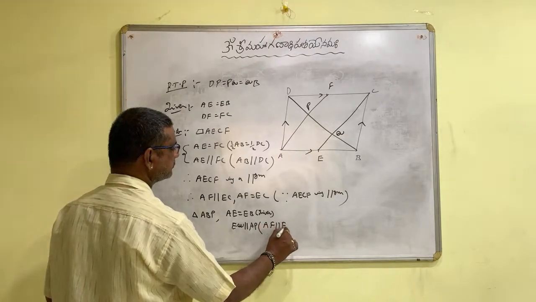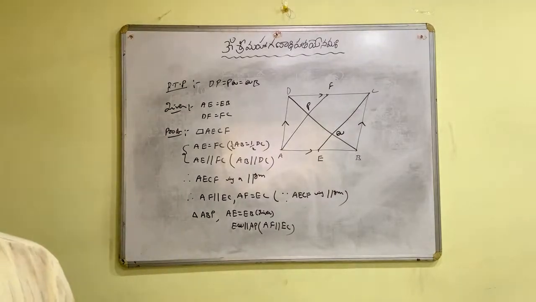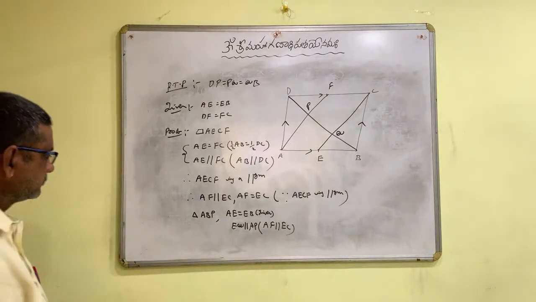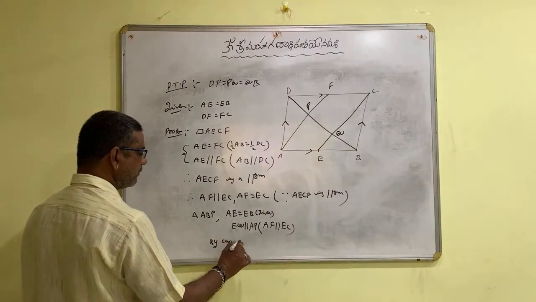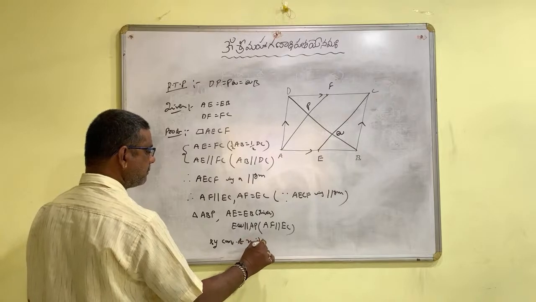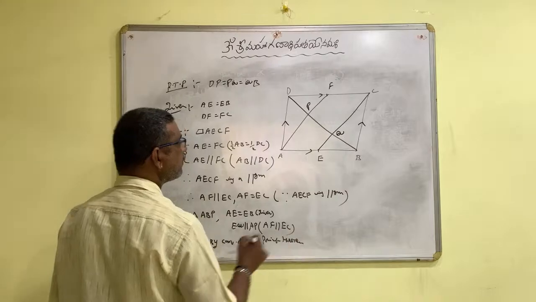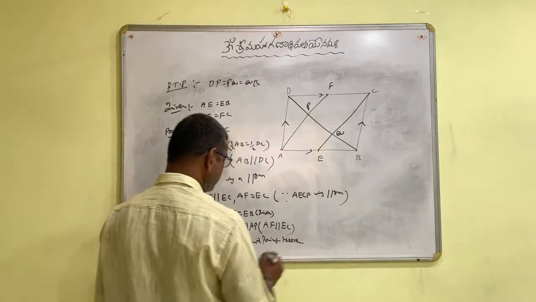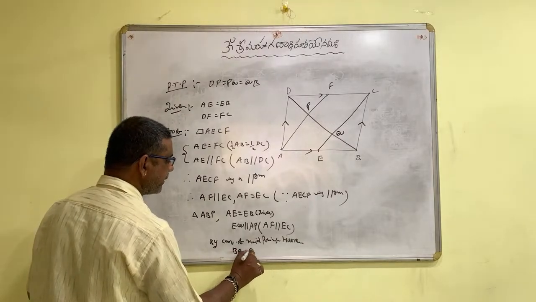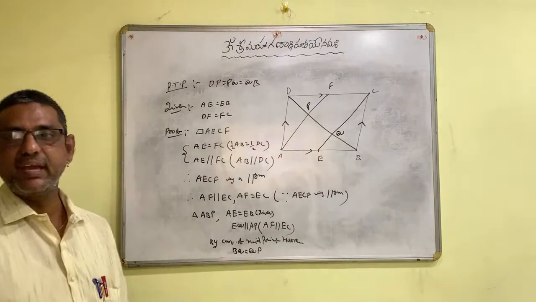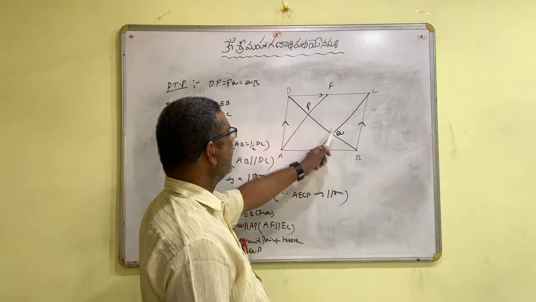Now, by converse of midpoint theorem, BQ is equal to QP. These two sides are equal.